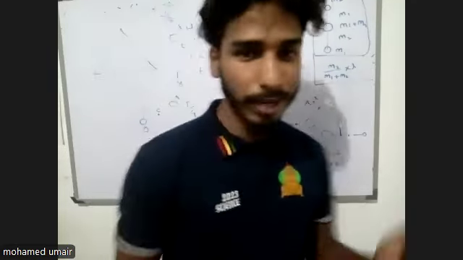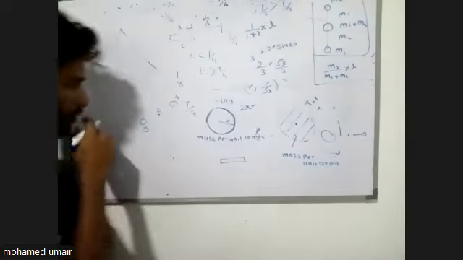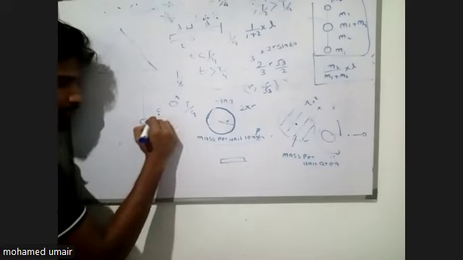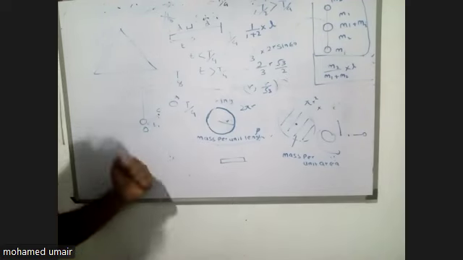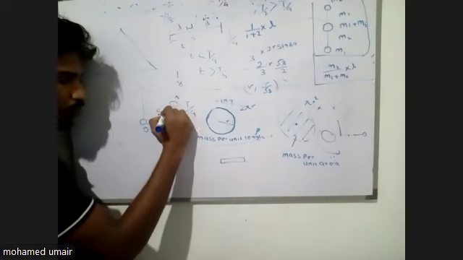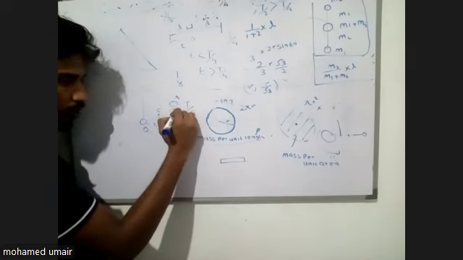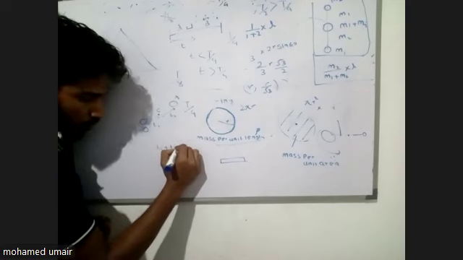Now I'll explain to you the theory behind this. Suppose you want to find the exact answer. The time taken from O to C is, let's say, T1. If the time taken from C to A is T2, what will be the addition of T1 plus T2?